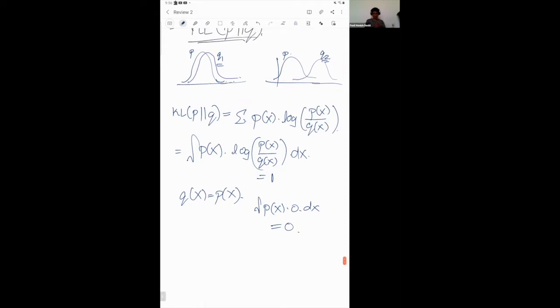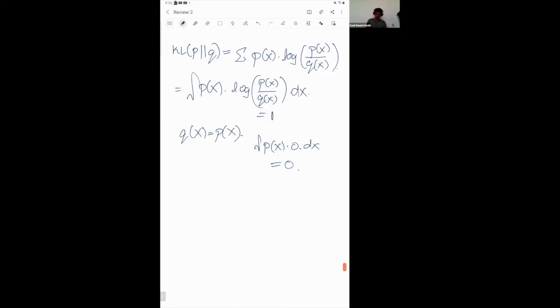And the farther apart p and q are, the more different they are, the higher the KL divergence would be. And this is nothing but log of p of x minus log of q of x, expectation of this over x, where x comes from p.